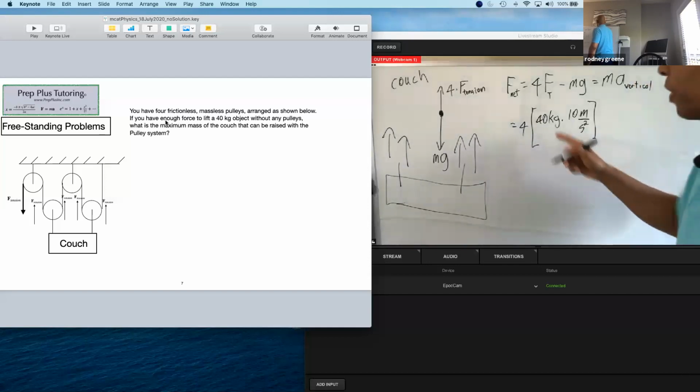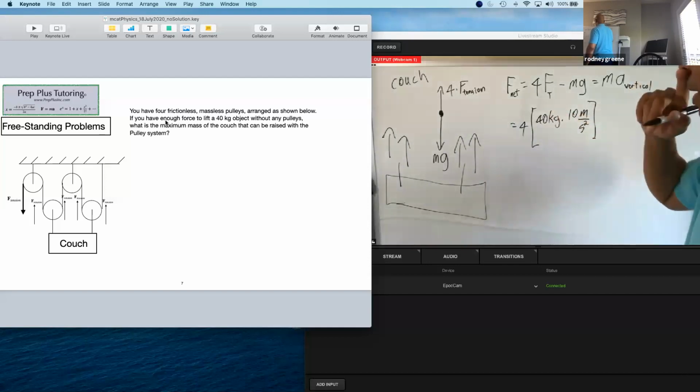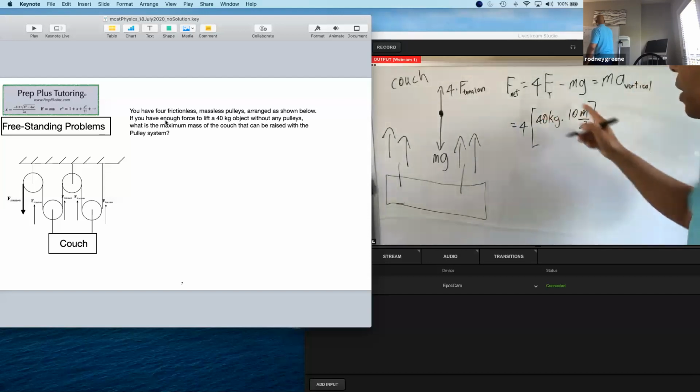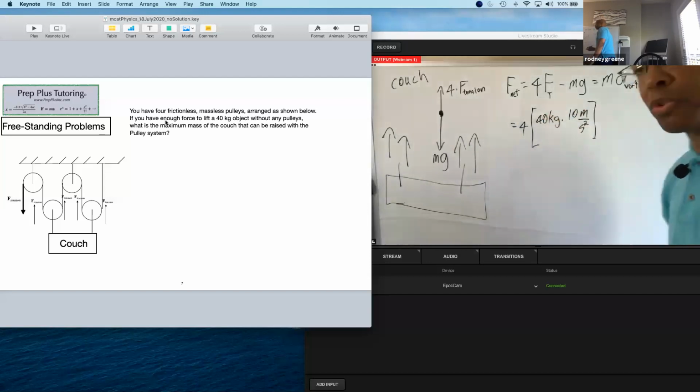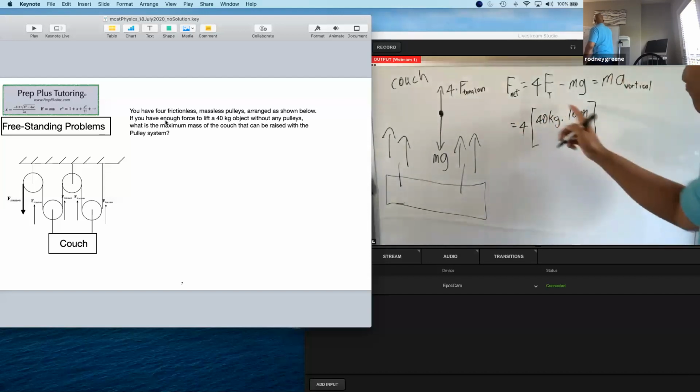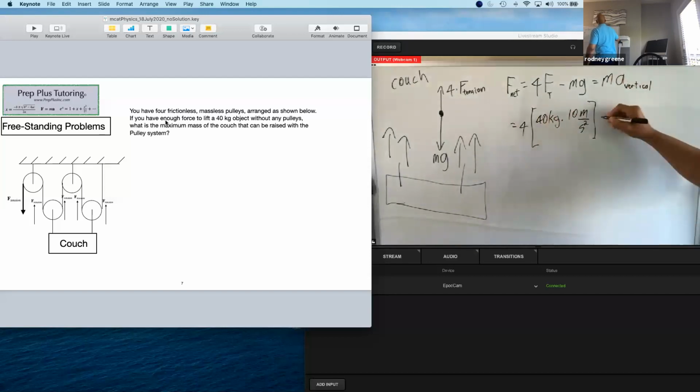So this is 4 times the force due to tension, minus m times 10 meters per second squared.